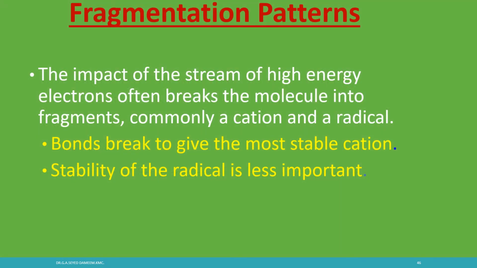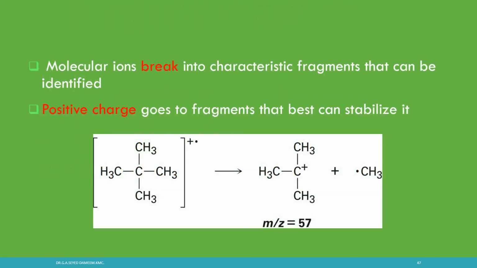Next topic, fragmentation patterns. The impact of a stream of high energy electrons often breaks a molecule into fragments, commonly a cation and a radical. Bonds break to give the most stable cation, and the stability of the radical is less important. Molecular ions break into characteristic fragments that can be identified. Positive charge goes to the fragments that can best stabilize it.